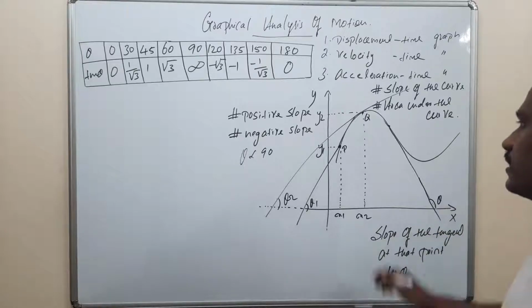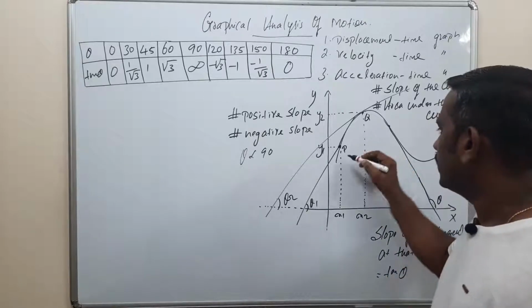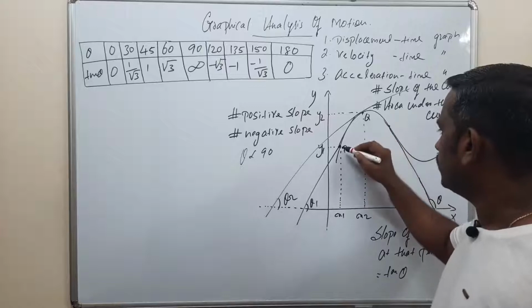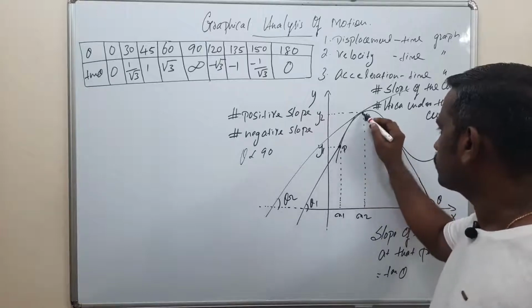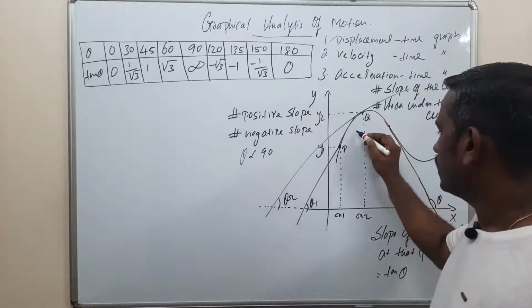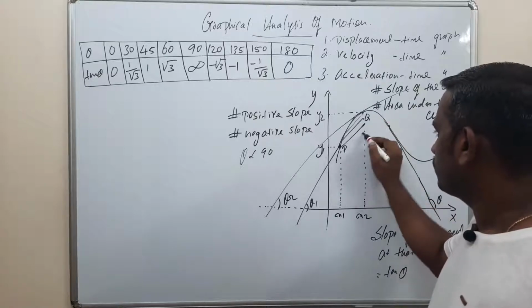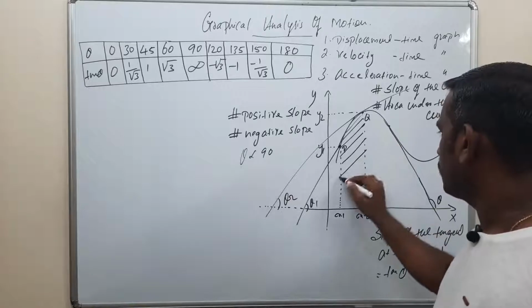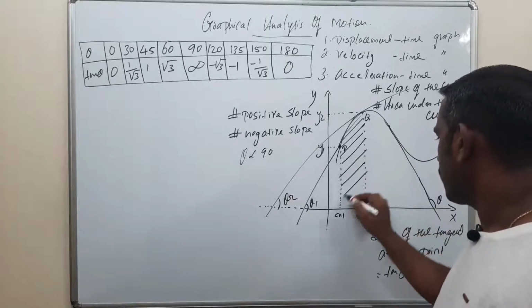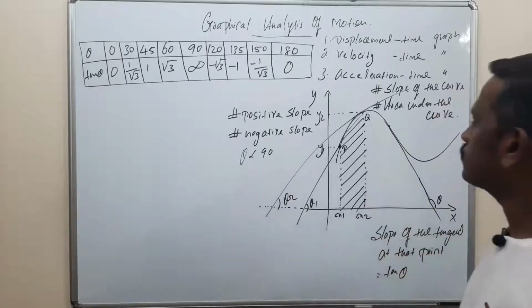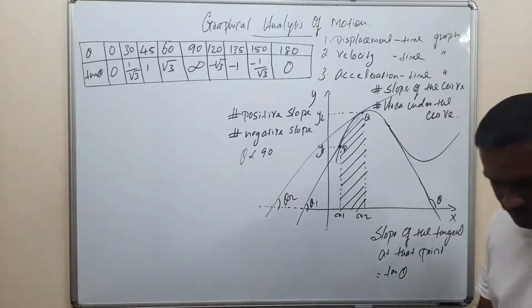Next is area under the curve. Suppose you want to find the area under the curve between the points P and Q. This is the area under the curve.